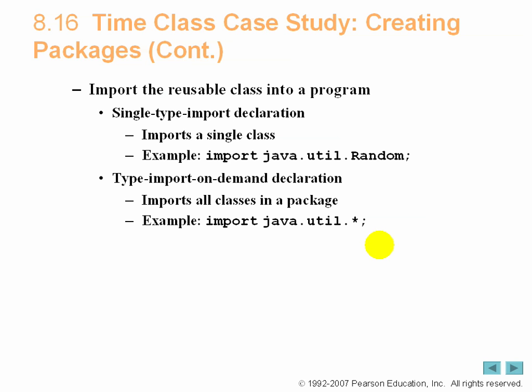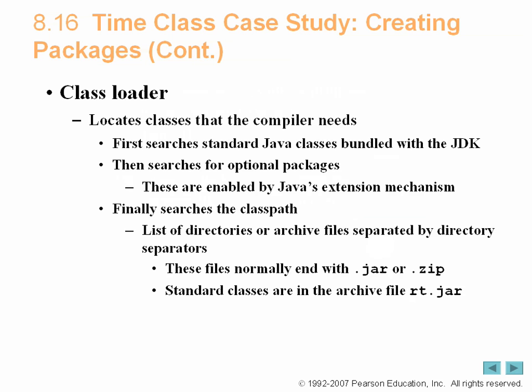We prefer to use the single type import declarations, especially in our books, because it's also a form of documentation saying explicitly which classes we happen to be using in a particular source code file. But many programmers prefer the asterisk type import on demand declaration because it's convenient and they don't have to have multiple different import declarations for the same package.